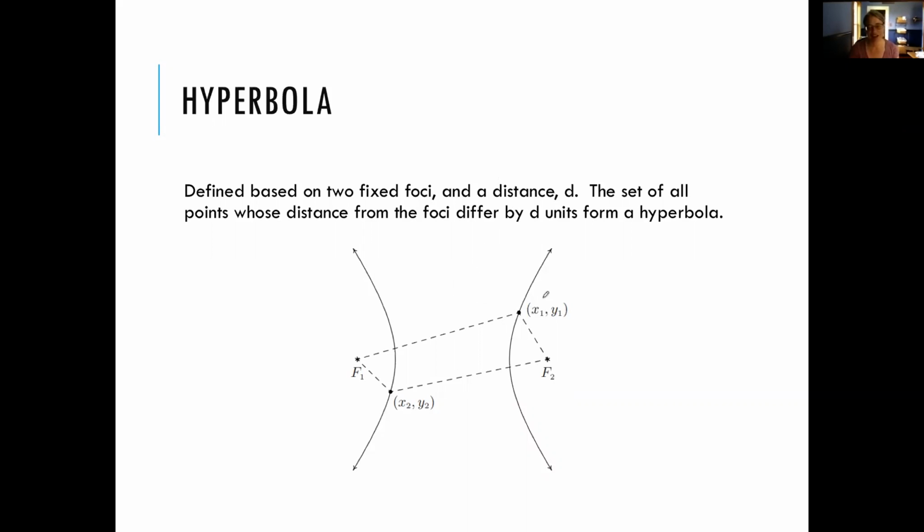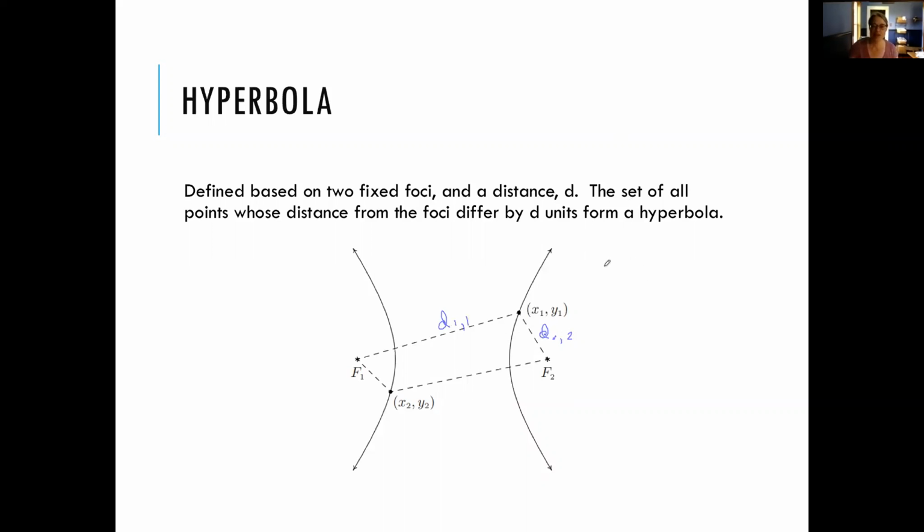So if we look at (x1, y1), this is d1,1, and this is d1,2. So this is the distance of point 1 from focus 1, and this is the distance of point 1 from focus 2.